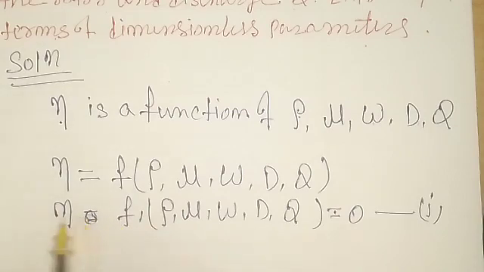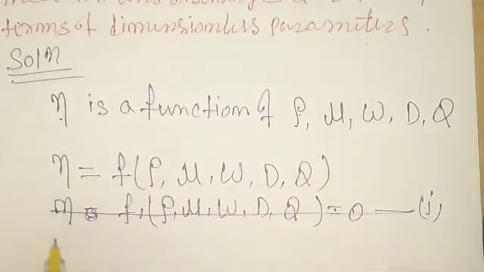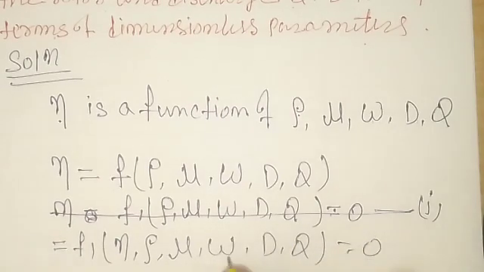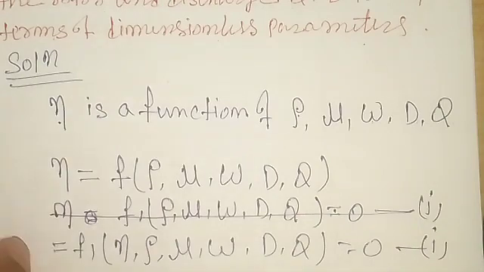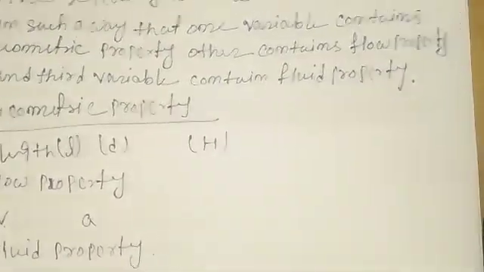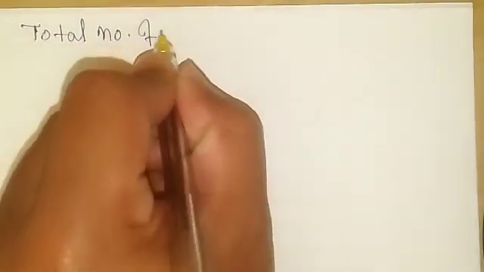Sorry, that was a mistake I made. We write f1 including all these terms, so f1 of eta, rho, mu, omega, D and Q is equal to 0, and this is your equation 1. Then you can count the total number of variables: 1, 2, 3, 4, 5, 6. So now we can say the total number of variables is six.